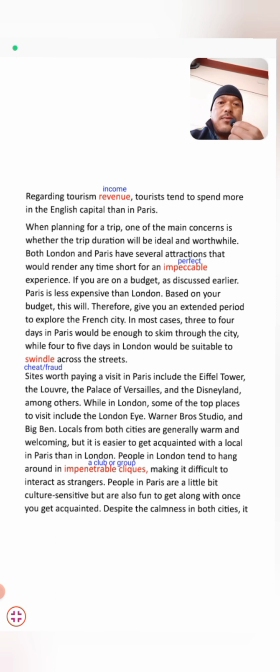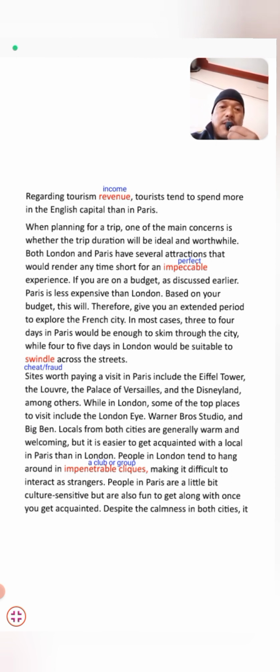Both cities have many attractions for tourists, and it is totally up to you and which city you prefer to go to.